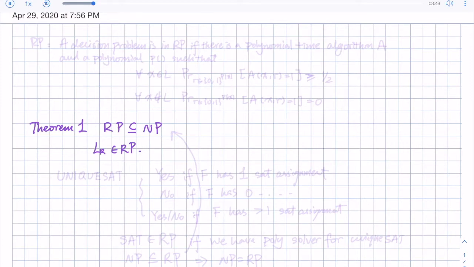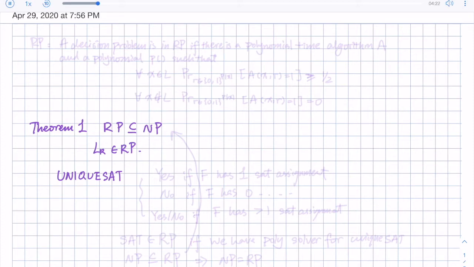Now you might recall that the SAT problem is NP-complete. So it is hardest amongst all NP problems in the sense that any problem in NP can be reduced to the SAT problem. And there is a variant of the SAT problem called the unique SAT problem. It accepts a Boolean formula F as input and returns yes if F has exactly one satisfying assignment, and no if F has no satisfying assignment.